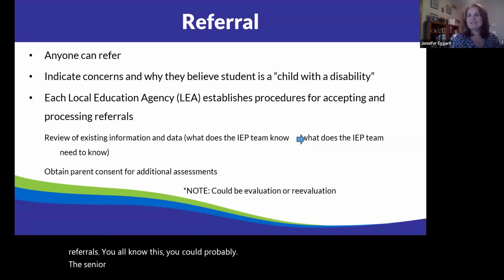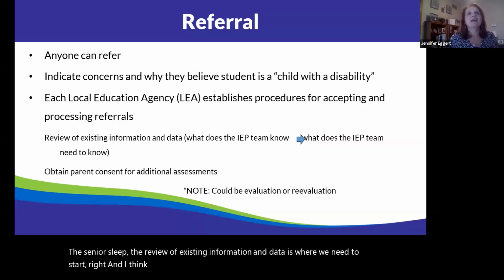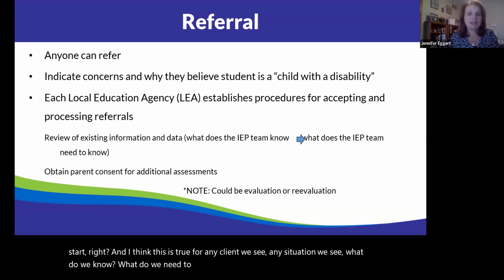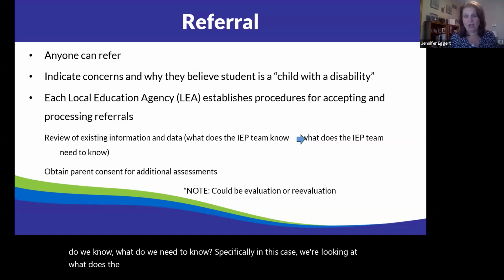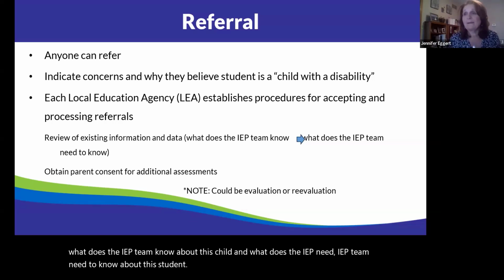The review of existing information and data is where we need to start, right? And I think this is true for any client we see, any situation we see. What do we know? What do we need to know? Specifically, in this case, we're looking at what does the IEP team know about this child? And what does the IEP team need to know about this student, specifically related to PFD?